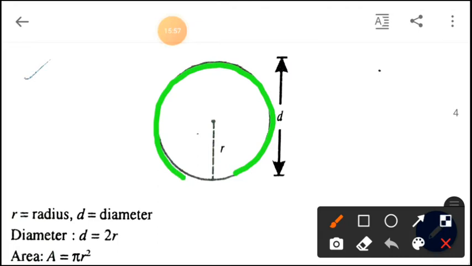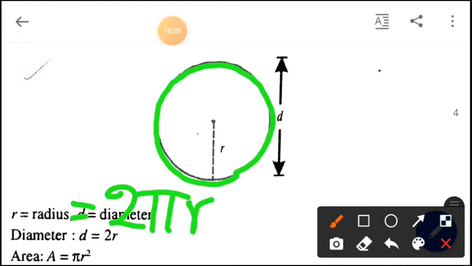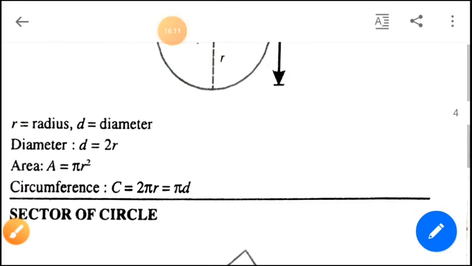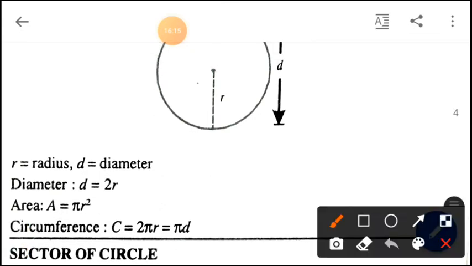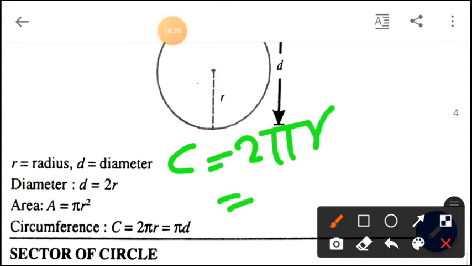This distance is called the circumference. To find circumference, formula is 2 pi R. Circumference C is equal to 2 pi R.